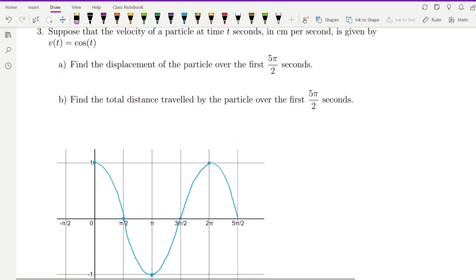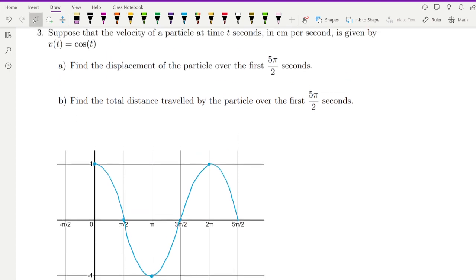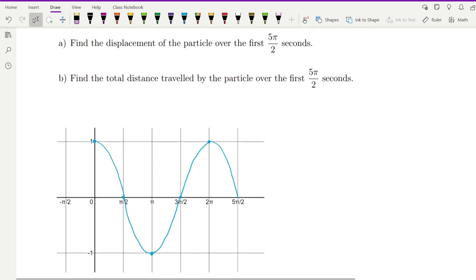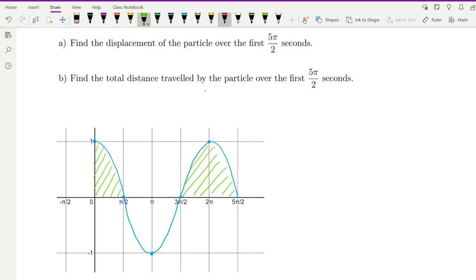If we're trying to find the displacement, remember displacement does allow negative travel to counteract the positive travel. When we integrate this, we're going to have some positive area up here, and negative area down here, and we want those to counteract each other. The way that you allow positive and negative area to cancel out is just to do a normal integral.